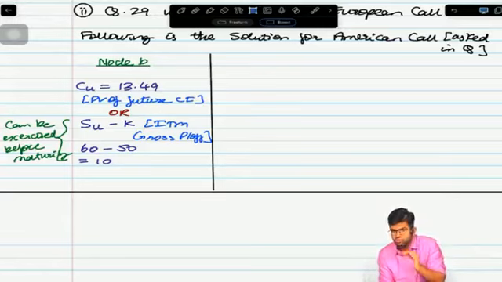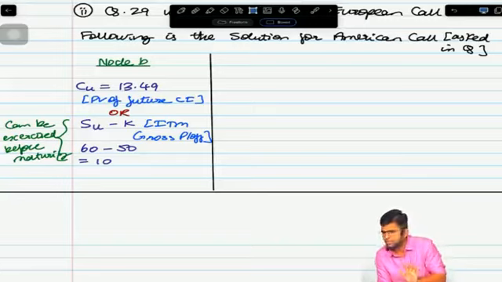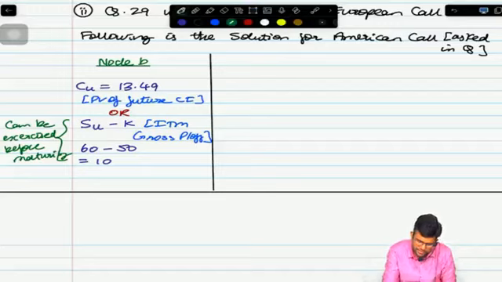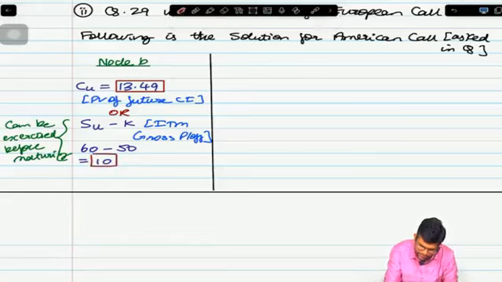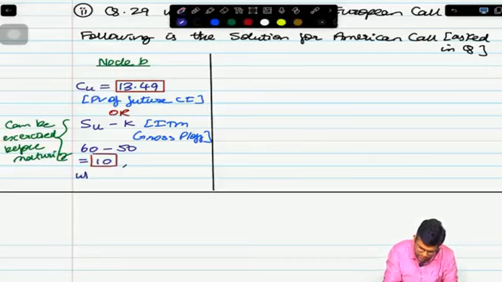So students, what do you want? Do you want 10 rupees now, or do you want something whose present value is 13.49? Mathematically 13.49 is a bigger number. So we will say it is basically 13.49 or 10, whichever is higher.